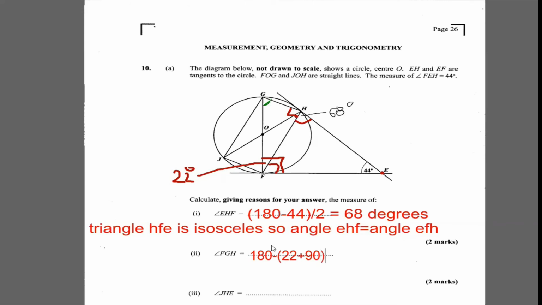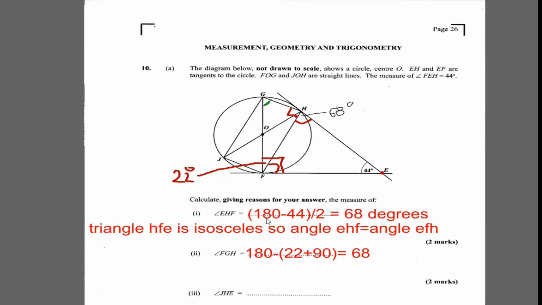So angle FGH is equal to 180 minus 22 plus 90. So that's 68 degrees as well. Oh, lucky us. That's also 68 degrees.